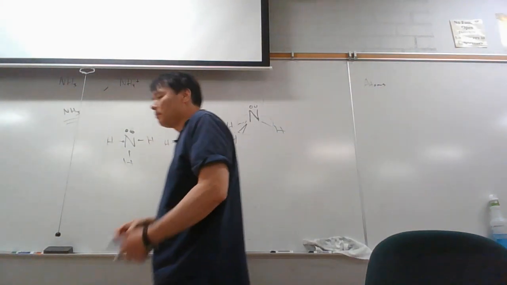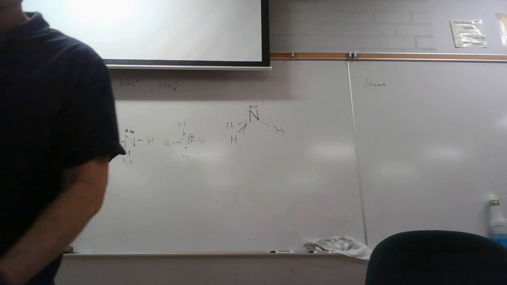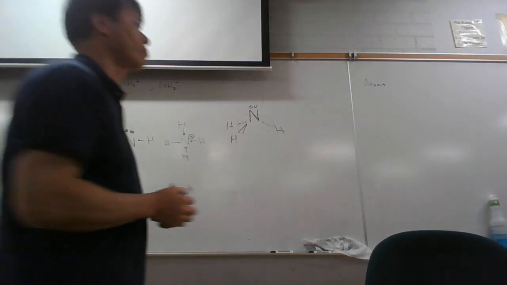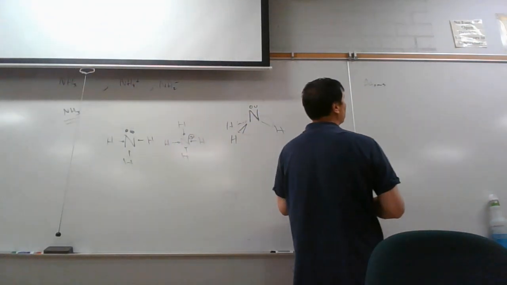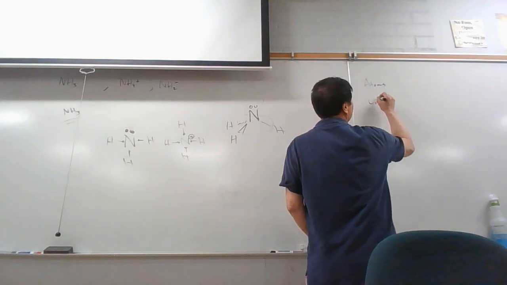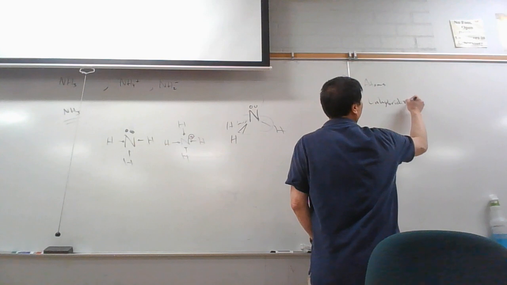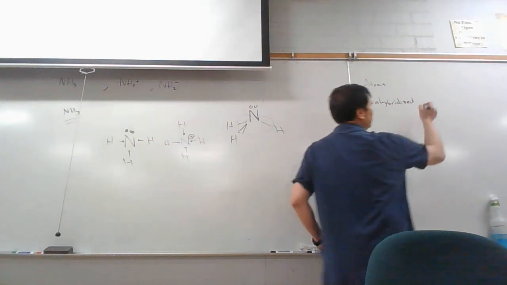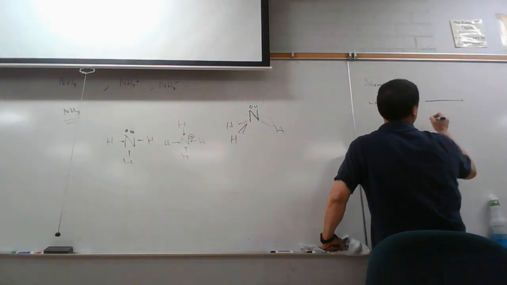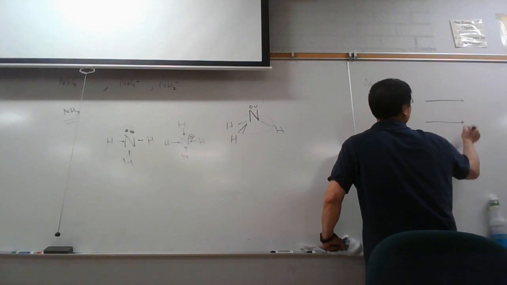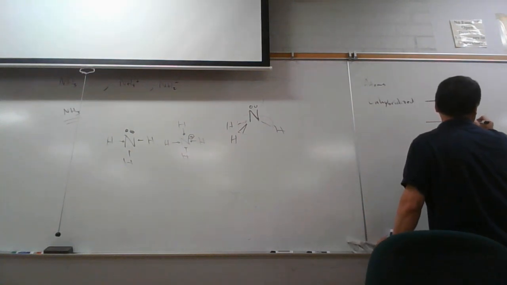Atoms are going to have atomic orbitals, unhybridized initially. And we either use these as is, or we hybridize those to get hybrid orbitals.